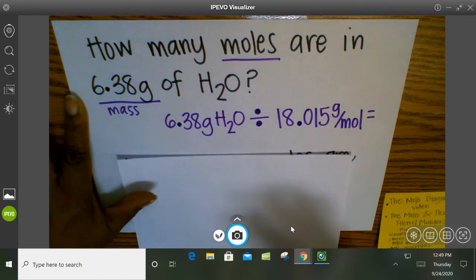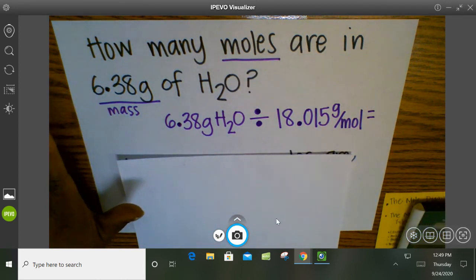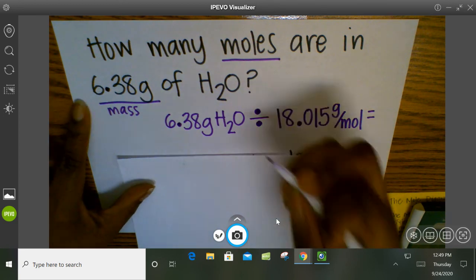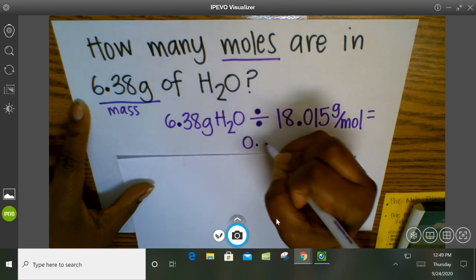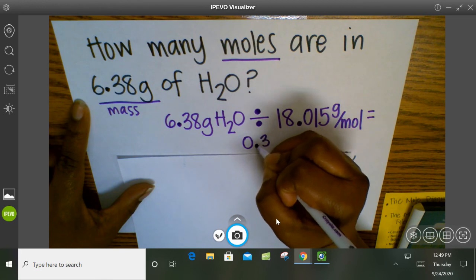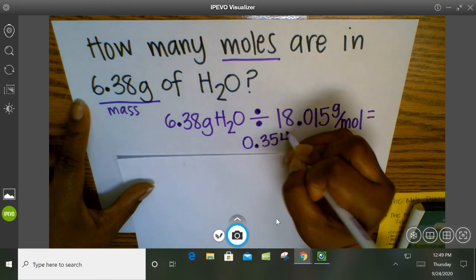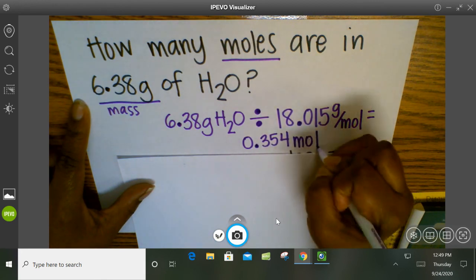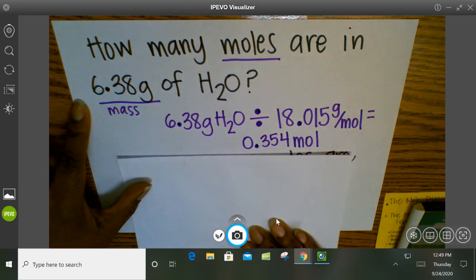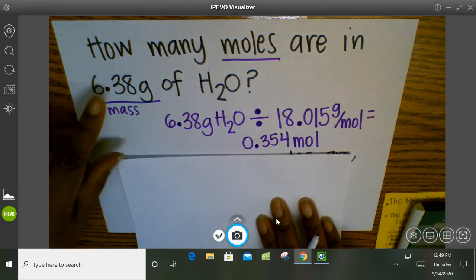The last little thing that needs to be done is the actual division. You put 6.38 divided by 18.015, and you get 0.354 moles. Did you get that? Good. Let's look at the next one.